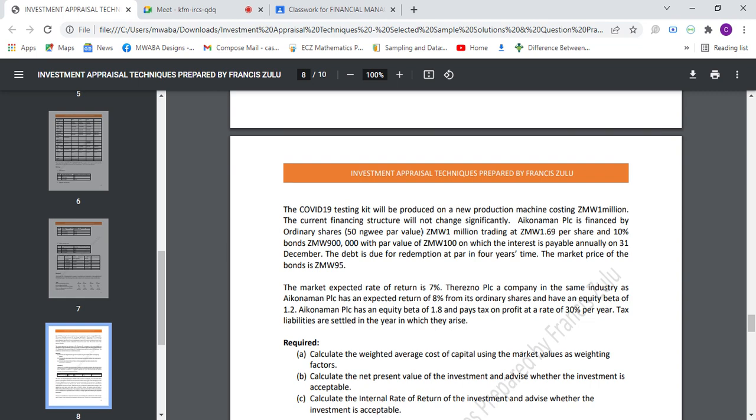Remember equity beta, financial risk and business risk. 1.2 is greater than the market beta, so it's risky. Iconaman PLC has an equity beta of 1.8, and pays tax on profit at a rate of 30% per year. Tax liabilities are settled in the year in which they arise.